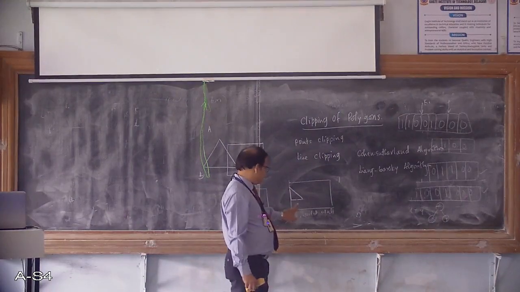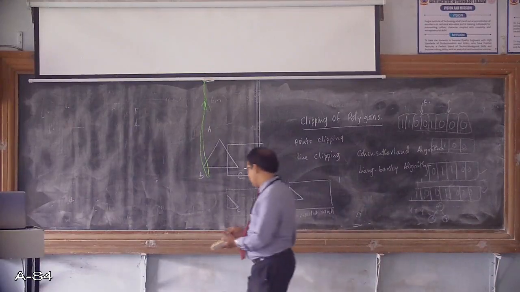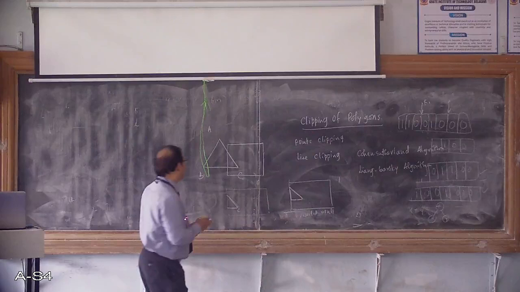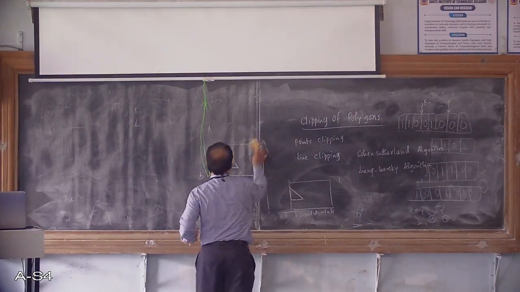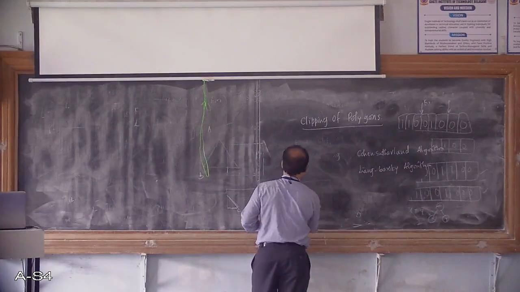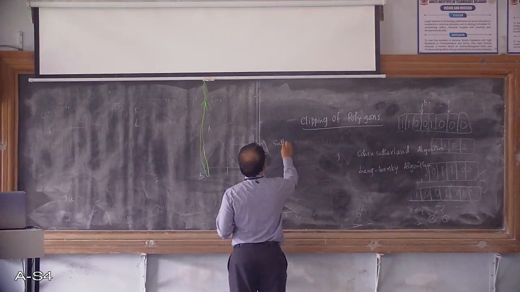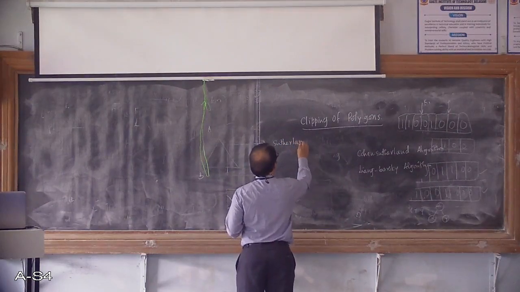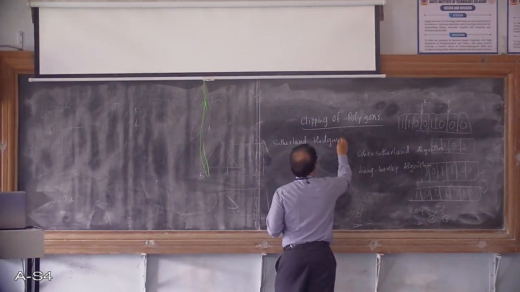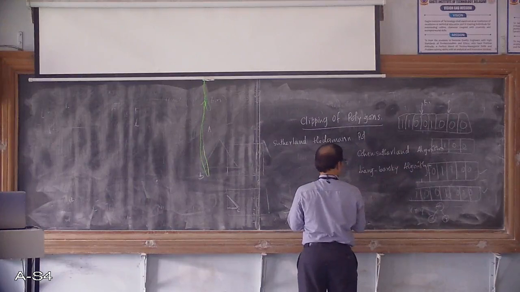For this there are different algorithms, and one of the very popular polygon clipping algorithms that we can use for clipping of polygons is known as the Sutherland-Hodgman polygon clipping algorithm.